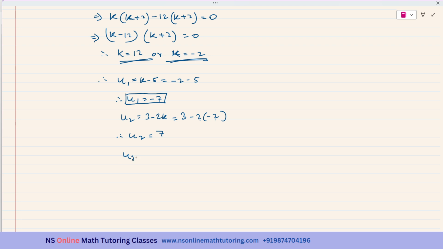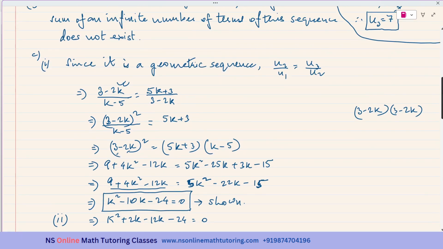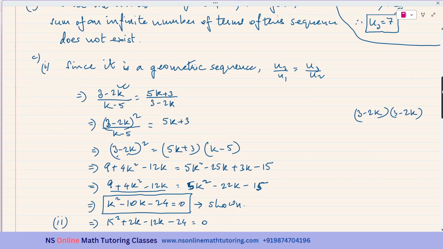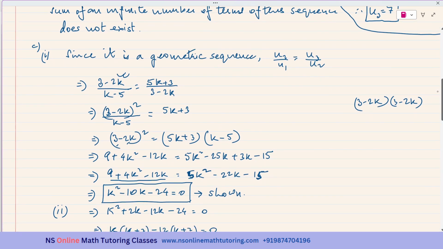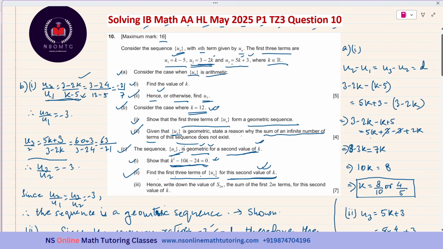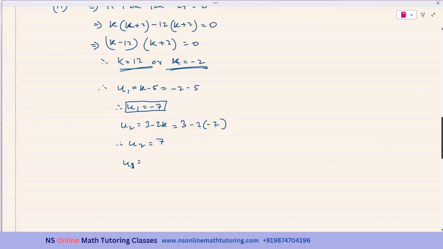And u3 is equal to 5k plus 3, but anyway, I'm showing it over here. u3 equal to 5k plus 3 equal to 5 times negative 2 plus 3.